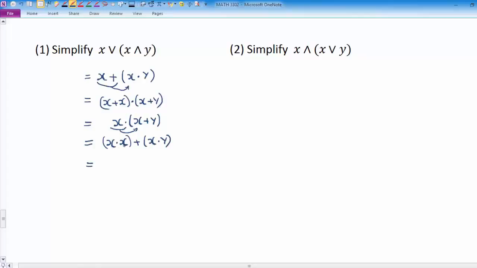Now recall that x times x is another of the idempotent properties. X times x is actually x. And this is x times y. So that didn't help much, because now we came back to the first expression that we started with. So we're going in circles here.